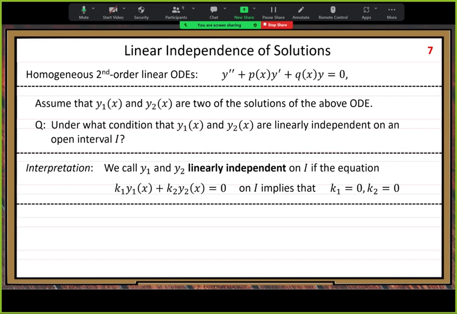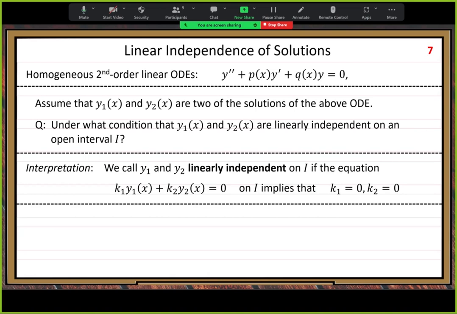If those two constants can make these two functions y1, y2 satisfy this equality on the whole interval I, everywhere, you can take x anywhere on this interval I, not just one x, all x on interval I, then it implies that K1 must be 0 and K2 must be 0. That's the meaning of linear independence.